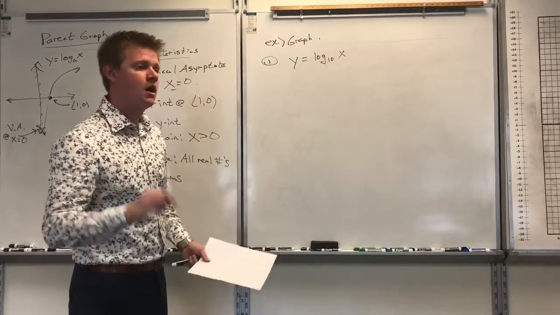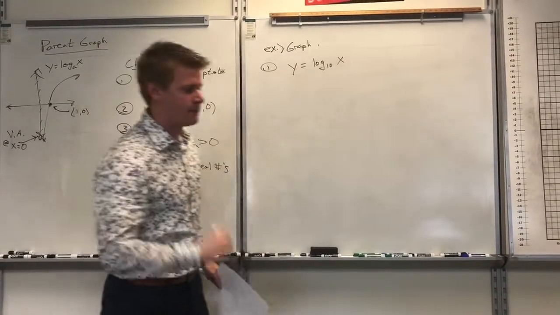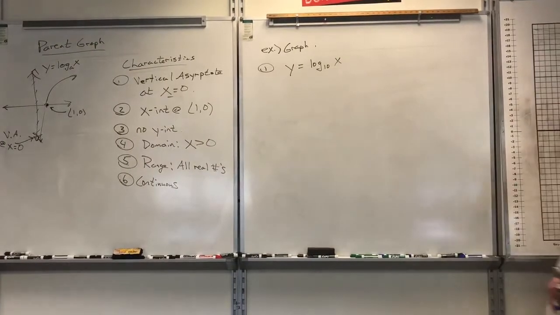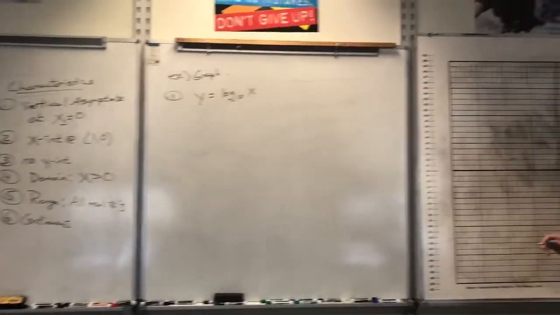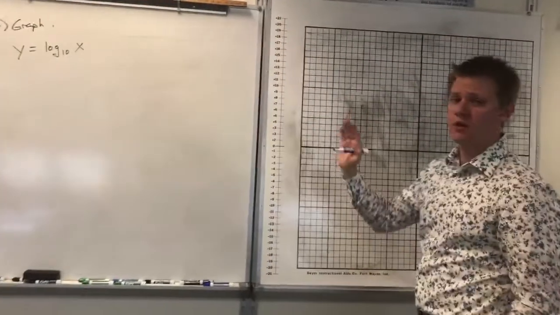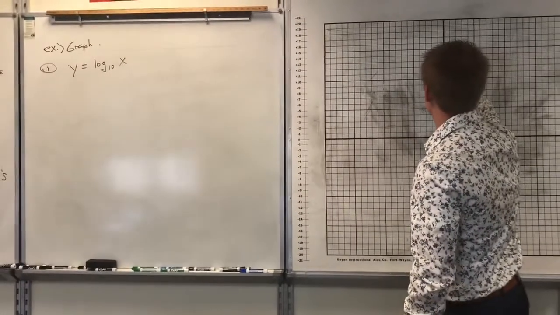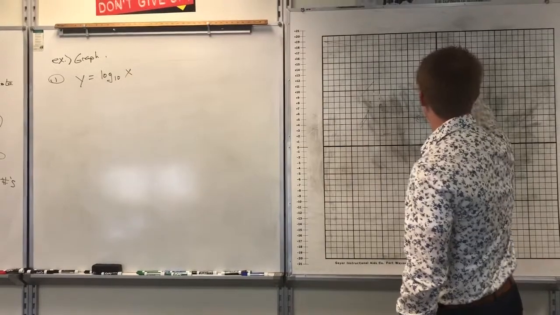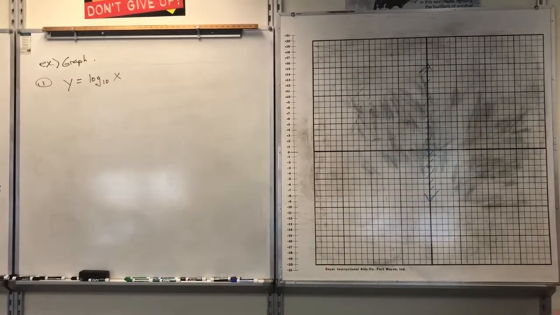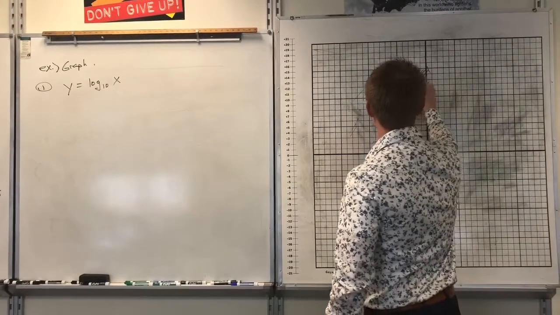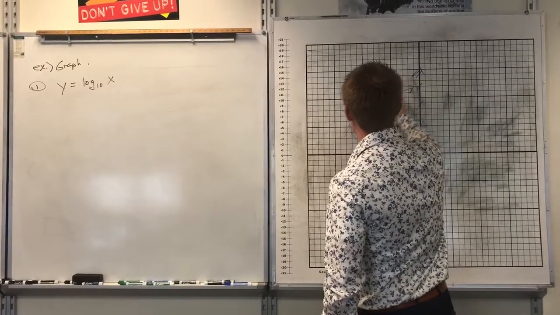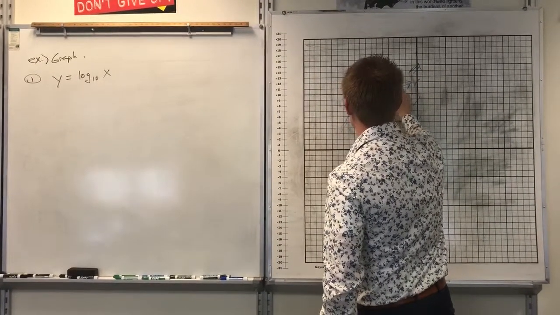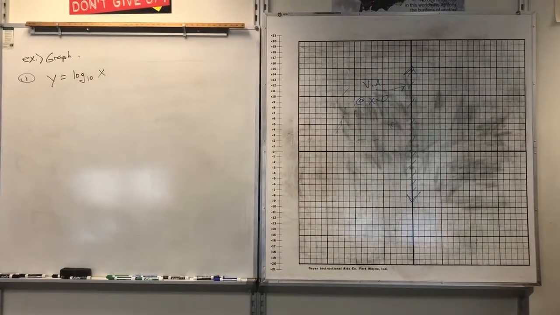So the two things I'm going to require for all of the graphs is, first of all, where is the vertical asymptote? If there was no shift, it is going to be on the y-axis, just like the parent function. So there's your vertical asymptote at x equals 0.